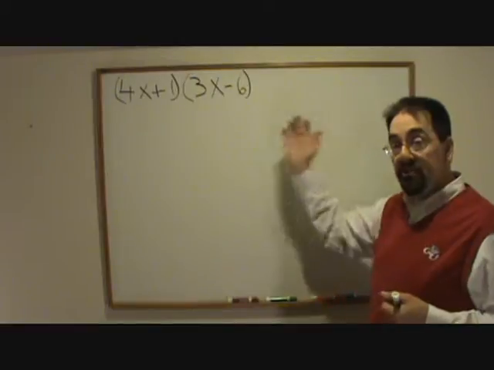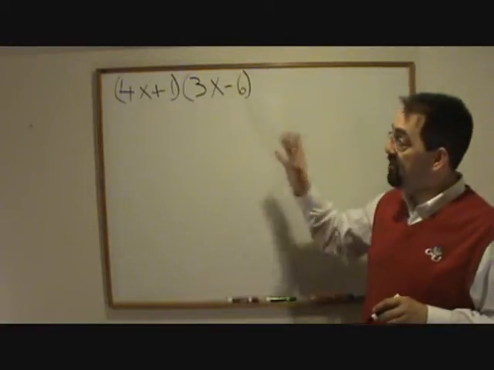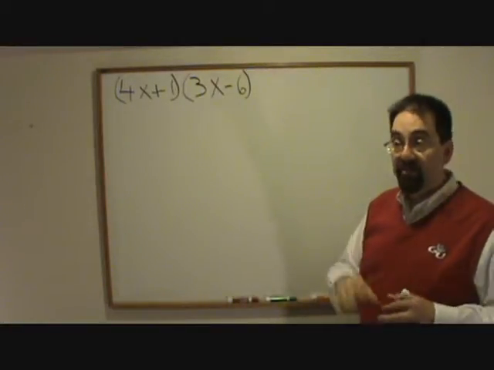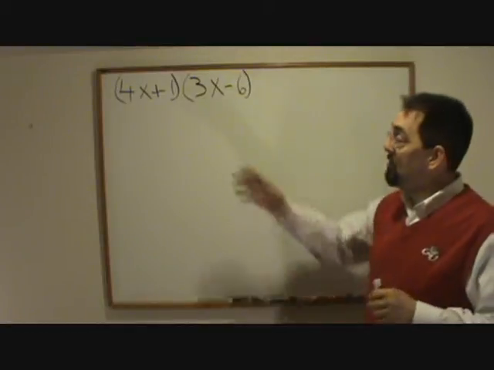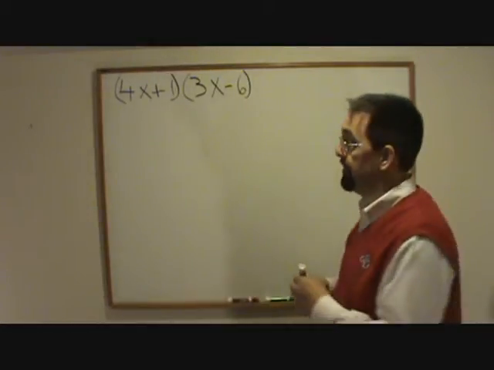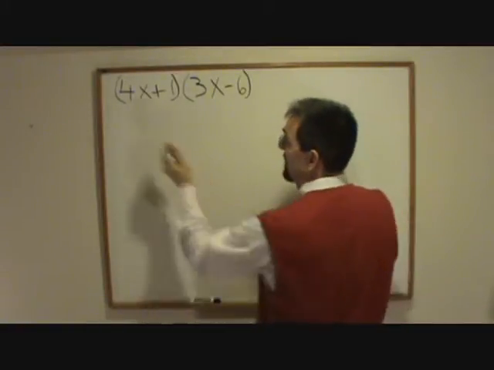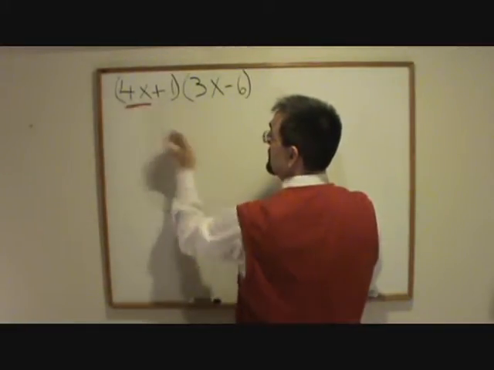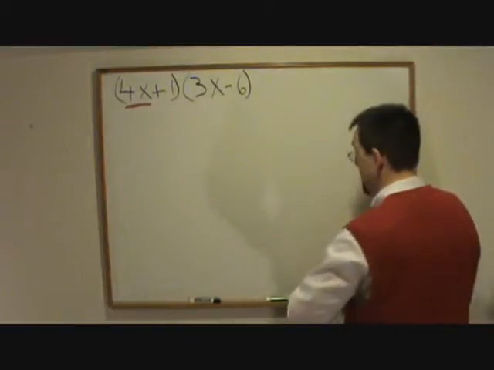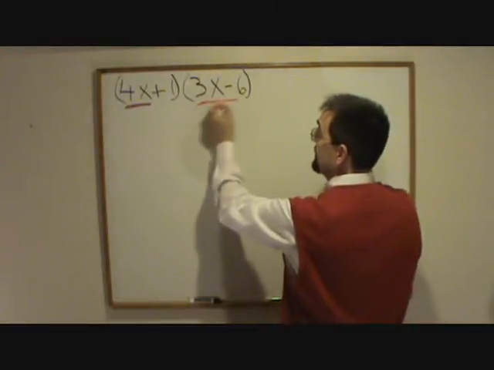I'm going to do this 2 different ways. The first one, if you've never seen it before, that's okay. But I want to break this into parts. I'm going to actually take the 4x and multiply it by the 3x plus 6.